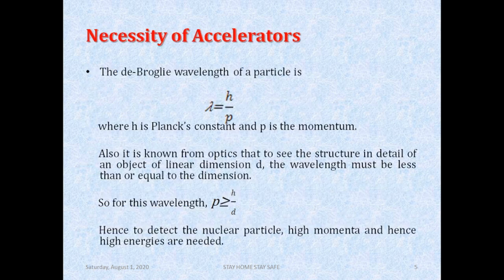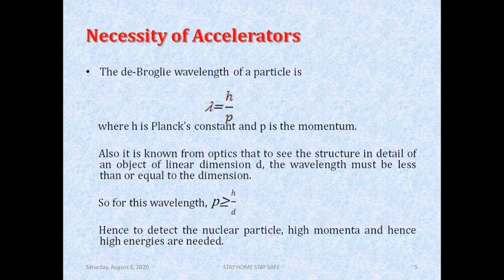Okay? Why are accelerators needed? We know that the de Broglie wavelength of a particle is given by lambda equals h upon p, where h is Planck's constant and p is the linear momentum.